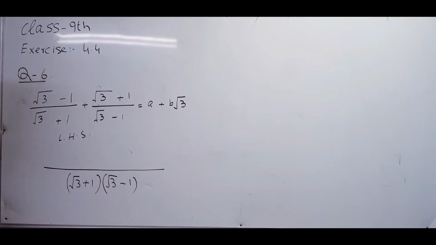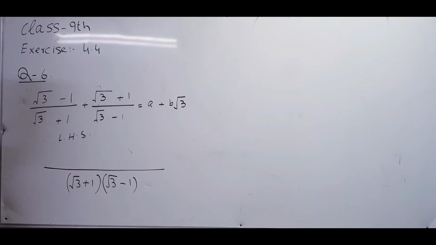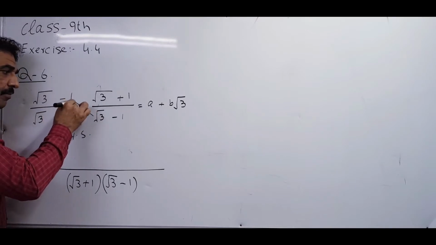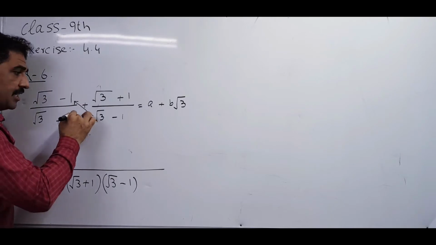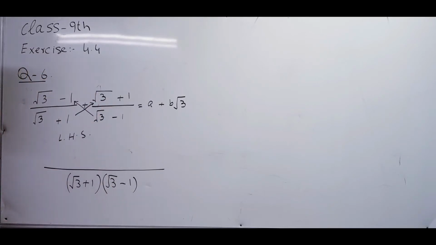If there are two terms and both terms are totally disjoint, separate terms, then the easy way to take the LCM is that you multiply this term by this number and this term by this, and the denominator is the multiplication of both terms. It means you have to apply the process of multiplication in 3 steps.